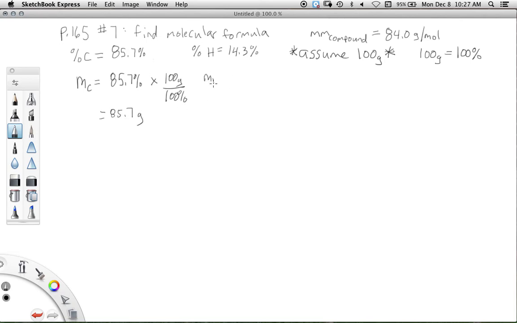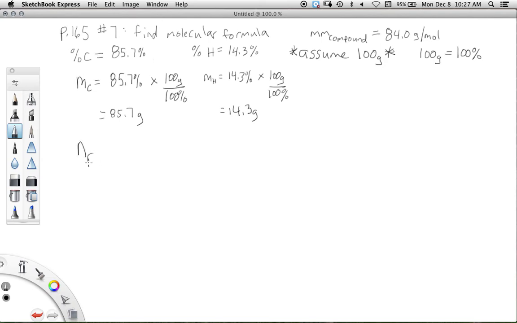Same thing for hydrogen, would be 14.3% times 100 grams divided by 100% as a conversion factor equals 14.3 grams, which is better. It's better than percent, but it's not as good as moles.